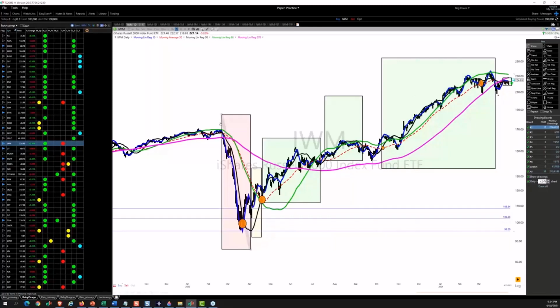So now I want to get rid of some of these other things, because I want to show you, while we're here, the essence of the regression line fractal framework.